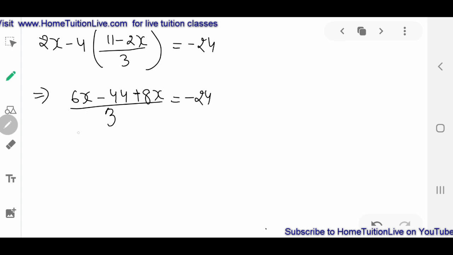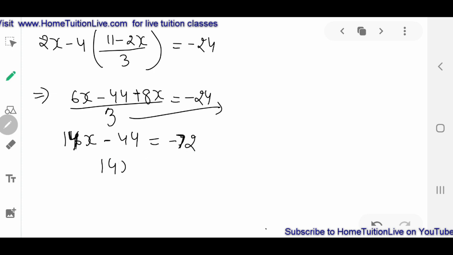So 6x plus 8x is 14x minus 44. 3 will go this side. Now 24 multiplied by 3 is 72. That is minus 72.